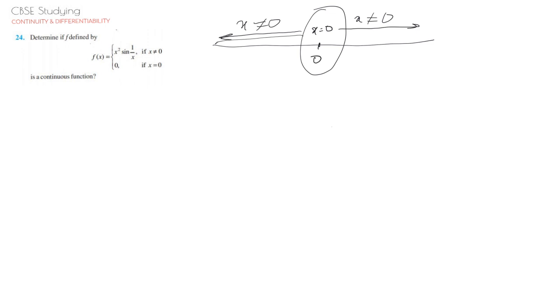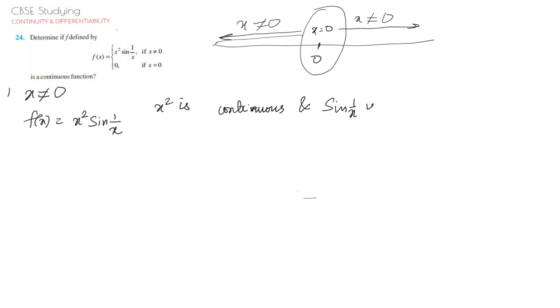So the question is fairly easy. We have two conditions. When x not equals to 0, f of x is equal to x square sine 1 by x, right? Now x square is always going to be continuous, right? It's a polynomial. X square is continuous, and sine 1 by x is also continuous.